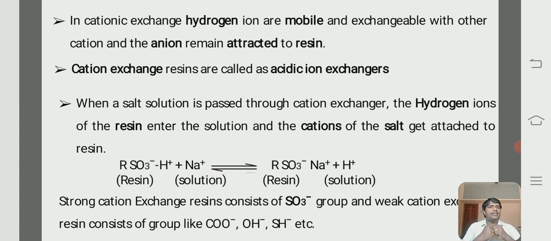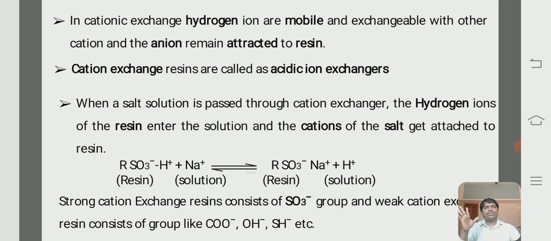For that reason, these cation exchange resins are called acidic ion exchangers. That is, cation exchange resins contain functional groups that are acidic in nature. That's why they are called acidic ion exchangers.